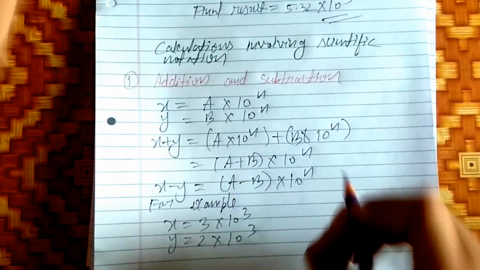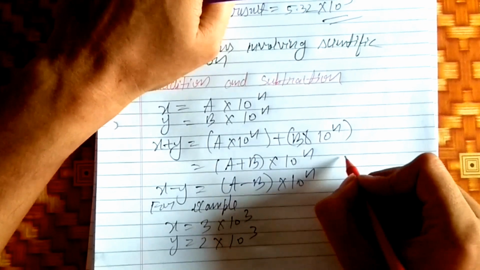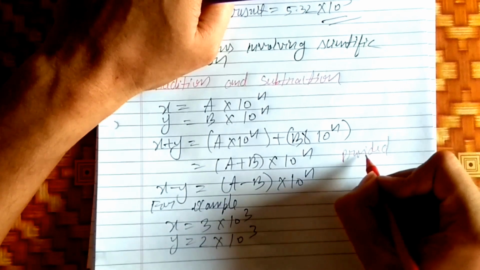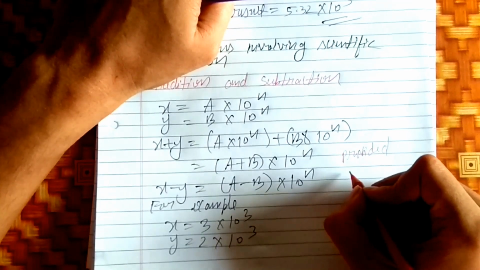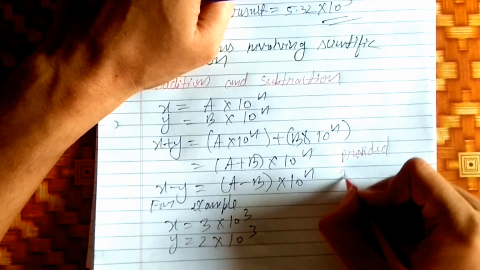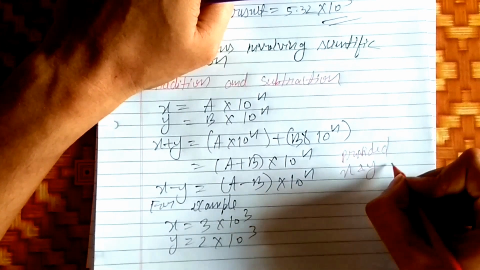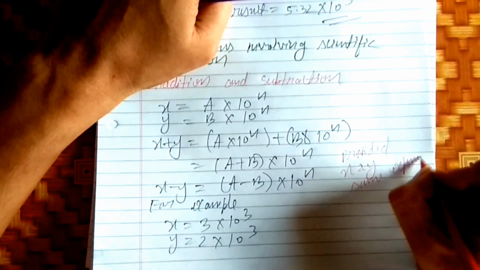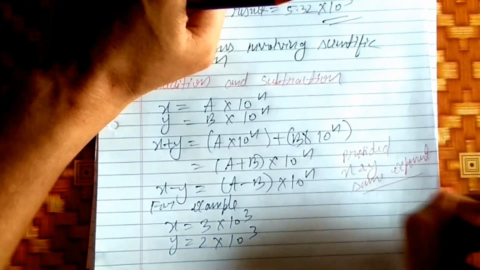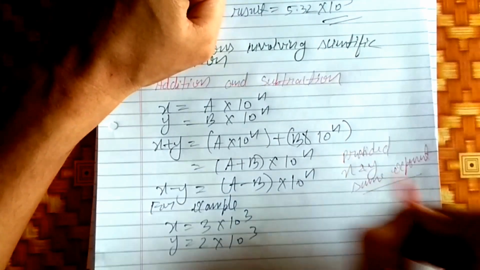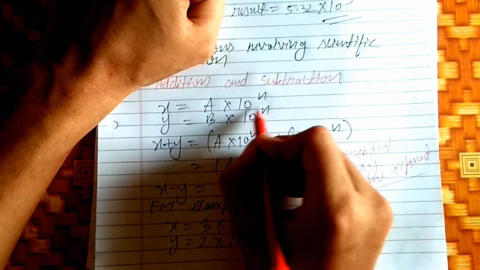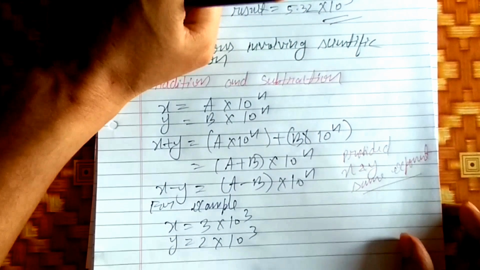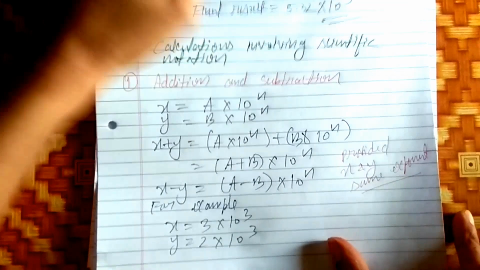Here one thing to remember: this addition or subtraction is possible only if both x and y have the same exponent, as you can see in this case 10 to the power n and 10 to the power n. If there are different exponents, then this formula will not be valid.